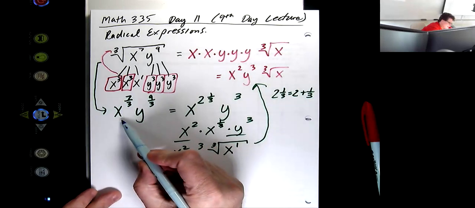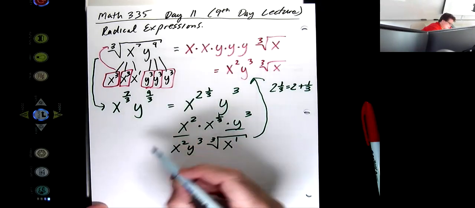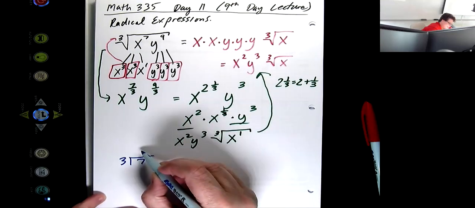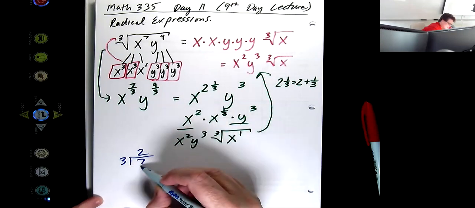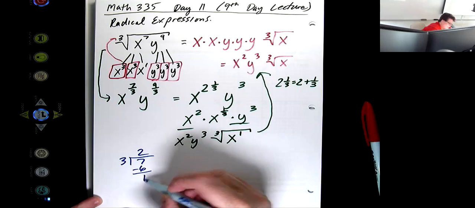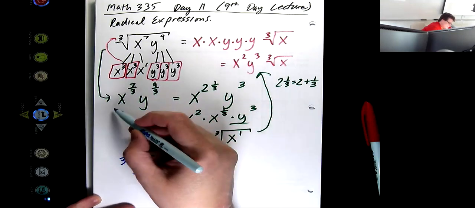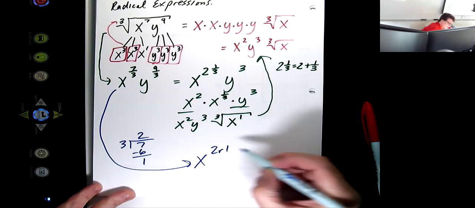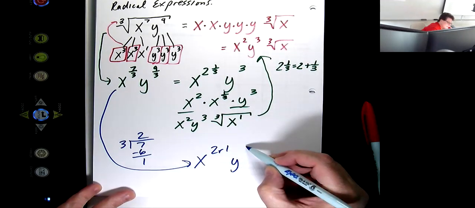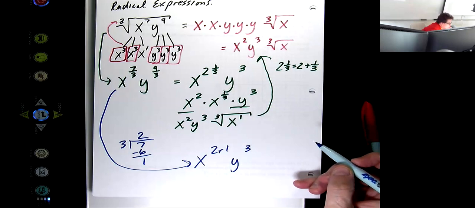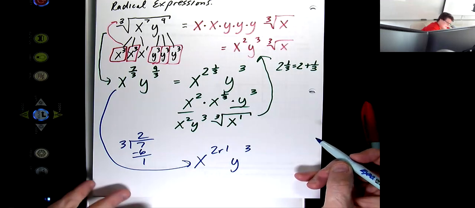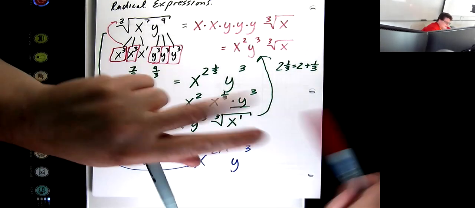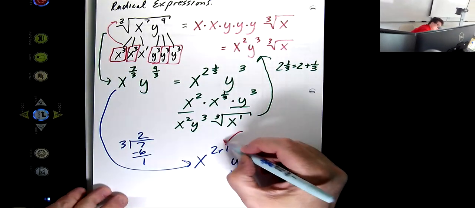But in the meantime, I can also do 3 goes into 7. And it goes in twice. 2 times 3 is 6, and I have a remainder of 1. So even if you wrote this as x with 2 remainder 1 and y to the 3rd power. The remainder tells us, in fact, this is pretty handy. This is clever.